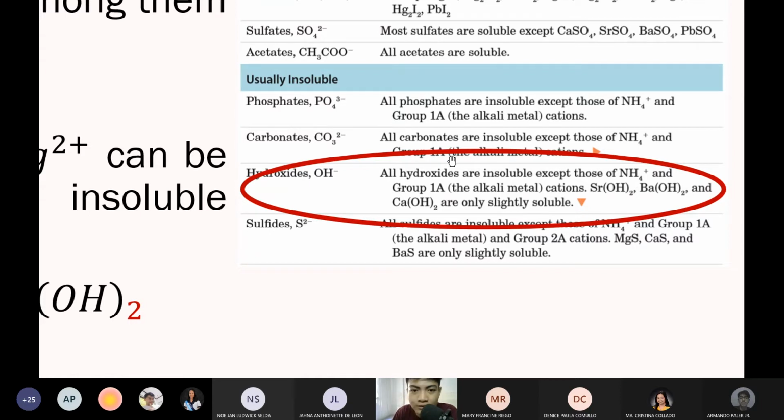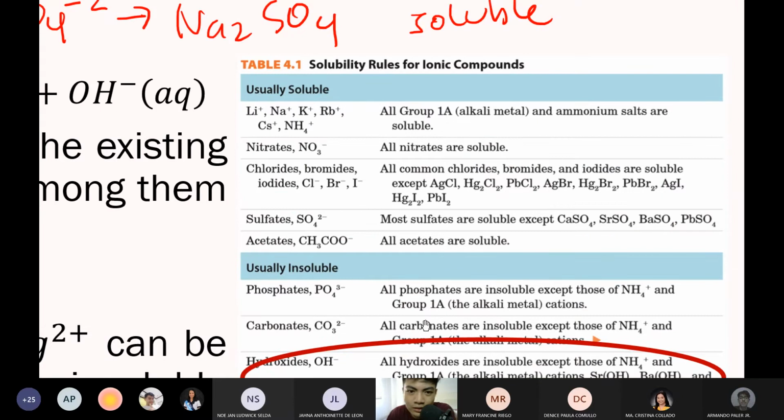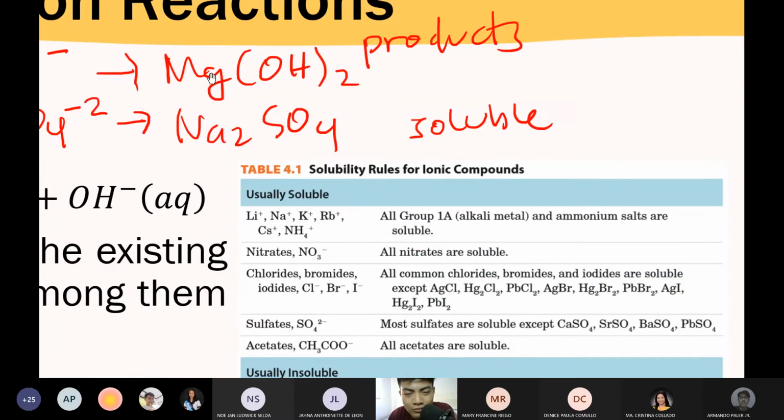Okay? Insoluble siya. Sino ba ka-partner ni magnesium? Group 1 ba yan? Hindi. Ammonium ba yan? Hindi. Strontium ba yan? Barium ba yan? Calcium ba yan? Hindi. Kasi magnesium yan. So, since hindi siya pasok dun sa except, ibig sabihin, this one is a precipitate. Okay?